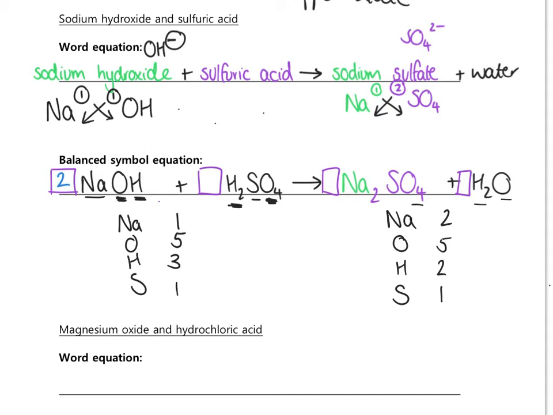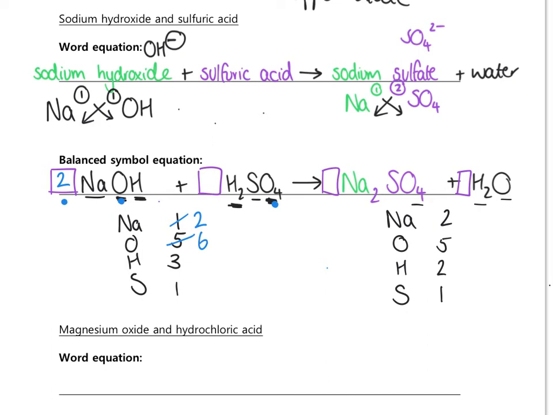I need to update my list to see what that's changed. So I now have 2 sodiums. Be careful with your oxygens and hydrogens, because I now have 2 times my 1 oxygen, which is 2 in sodium hydroxide now. But I've still got 4 here. So that's 2 plus 4 is 6 oxygens.